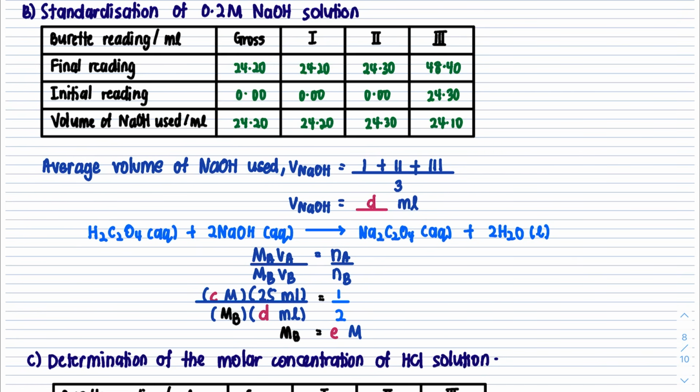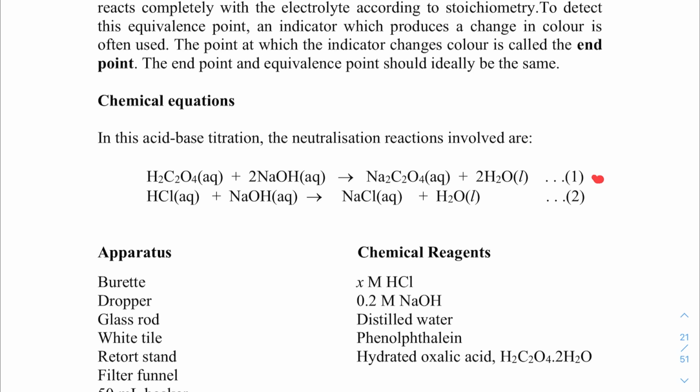But this step of the procedure is to calculate the molarity of the 0.2 molar NaOH solution itself. First, we are going to write an equation between our oxalic acid and our sodium hydroxide. This equation is included in your theory or introduction part of your lab report, so this one is equation number 1.